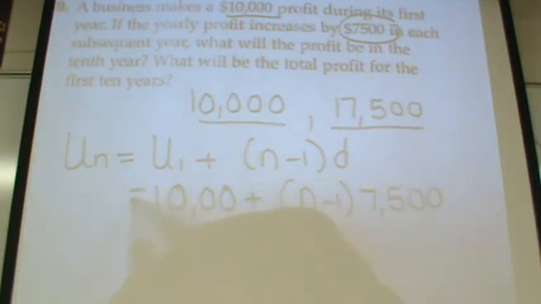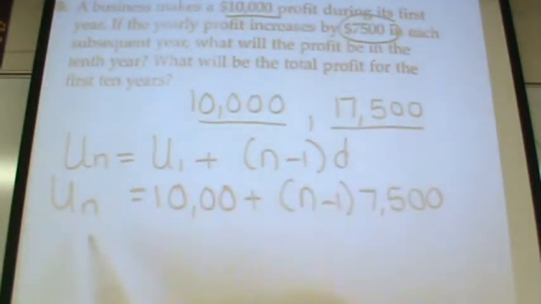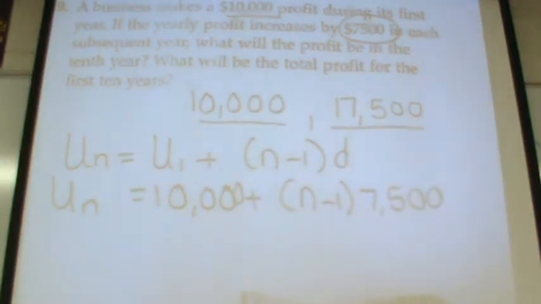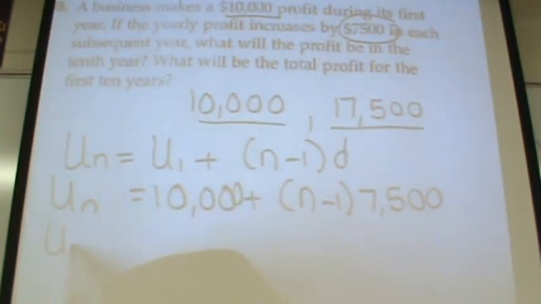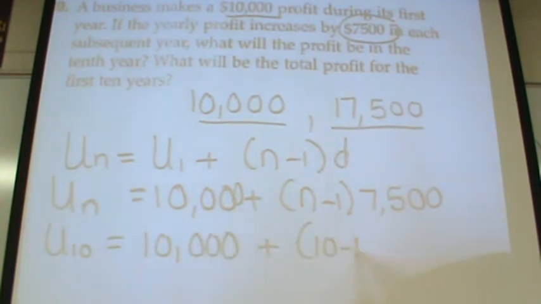So here is our formula, but they want to know in year 10 how much they will make. So you're going to put a 10 right here. So u sub 10 is 10,000 plus 10 minus 1 times 7,500.